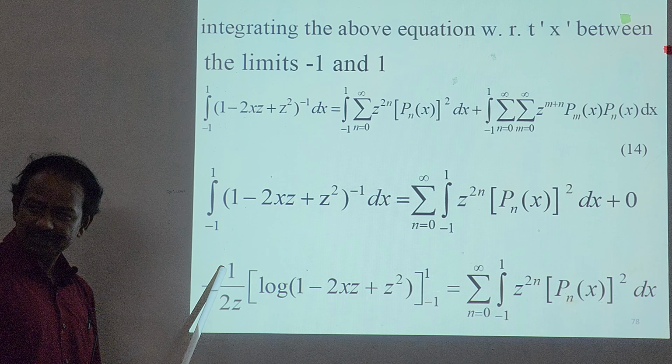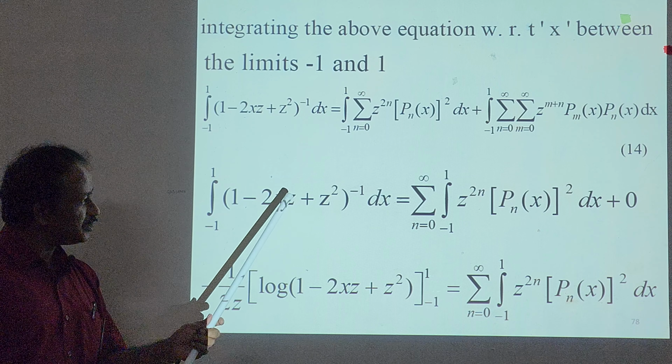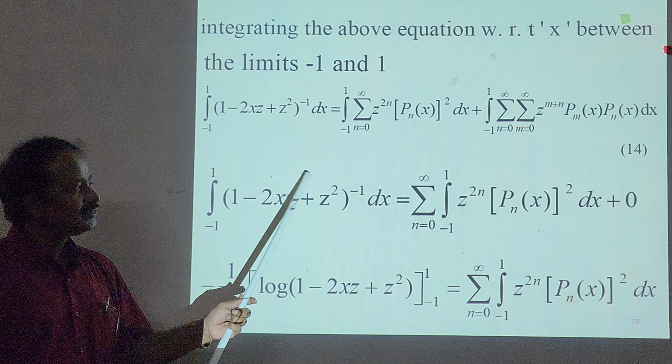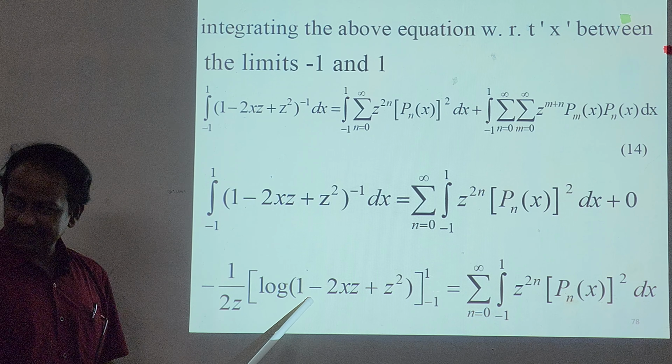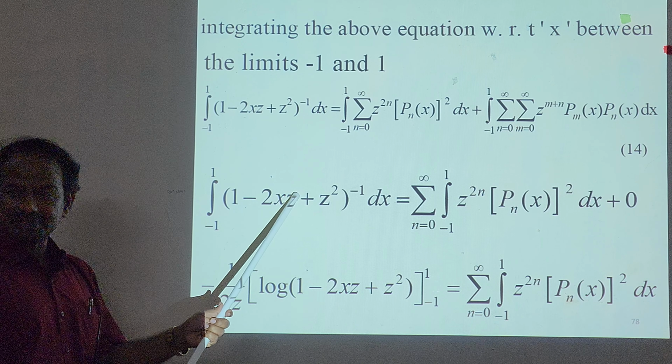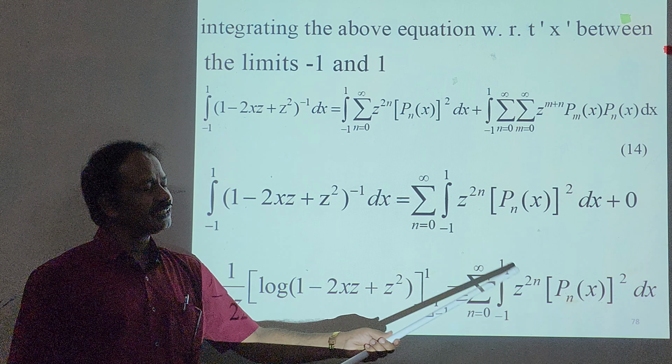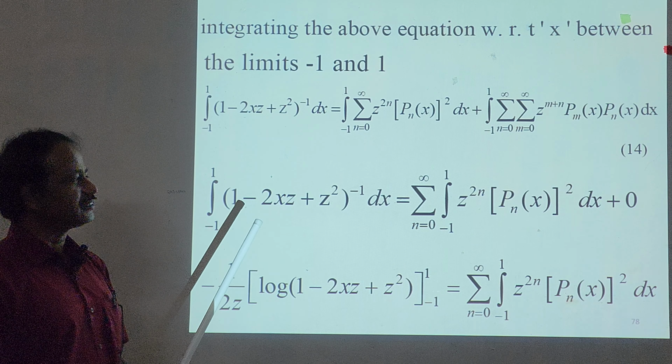So minus 2z and plus 2z give the answer. You see, you have got the integration. When you differentiate the integral, you should get the original one, and we have obtained the original. So this is the answer.